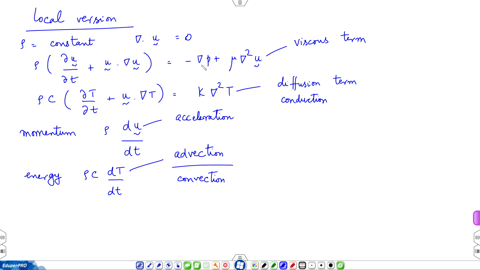Now, we have a gradient of p here in momentum. You could have an equivalent term for the energy equation also if you had heat generation.